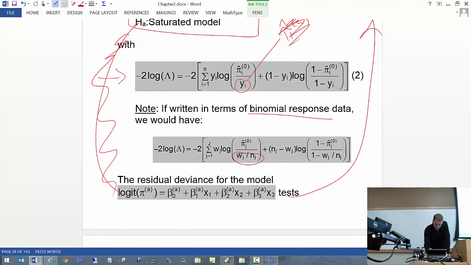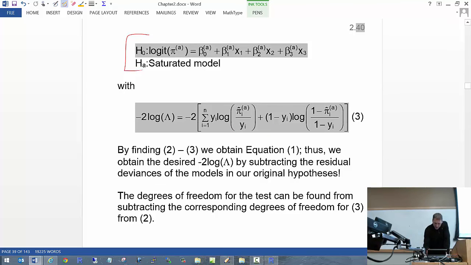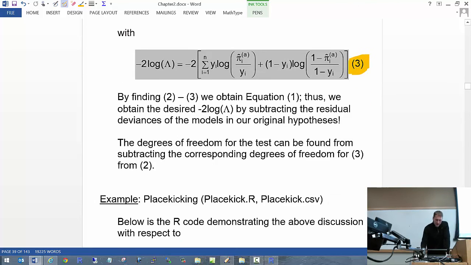I have equation 2 for the residual deviance for the null hypothesis model. I have equation 3 for the residual deviance of the alternative hypothesis model. If I were to take equation 2 minus 3, I get equation 1 that's located on page 231. That was the very first equation that we saw for the likelihood ratio test.